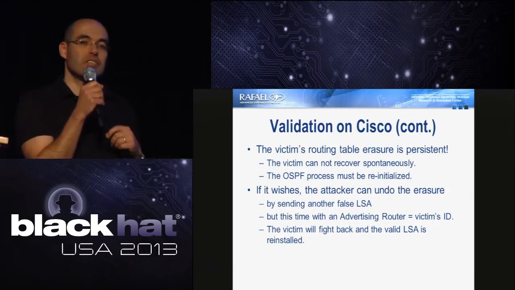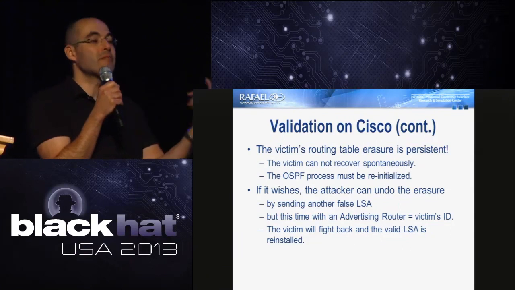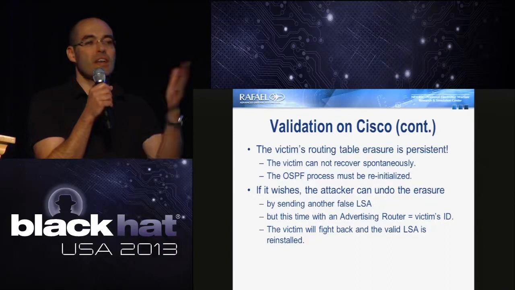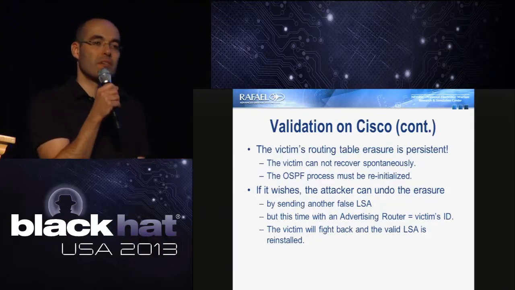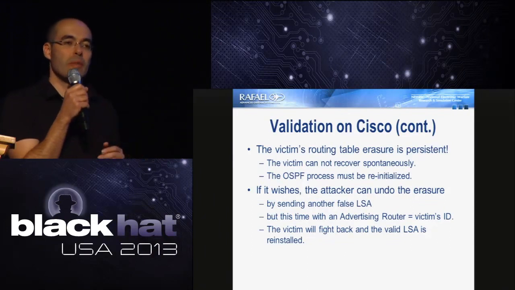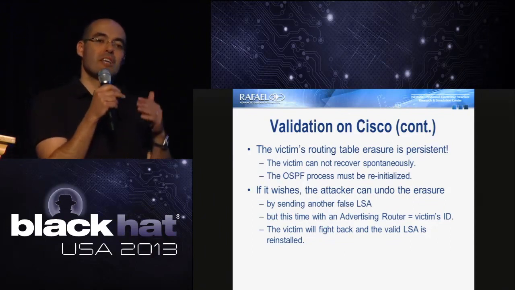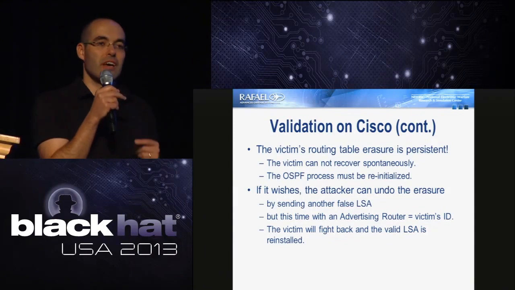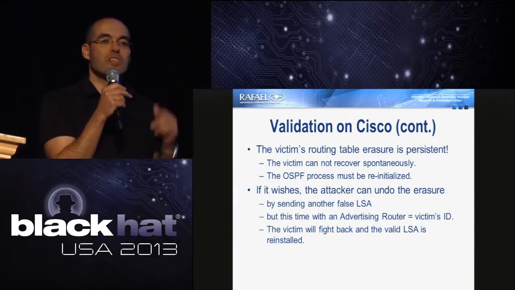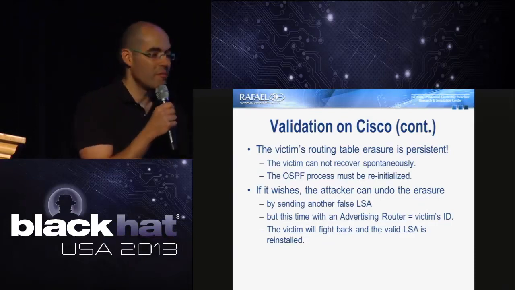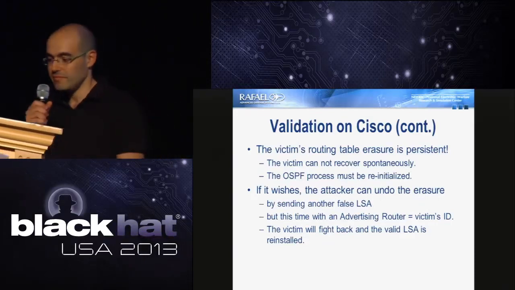And then it will just trigger a fightback by the victim router with a higher sequence number. And then this will cancel out the false LSA we sent out previously, and everything will be back to normal. So this is actually a nice feature of this attack, where the attacker can, like an on and off switch, actually make the attack go away.